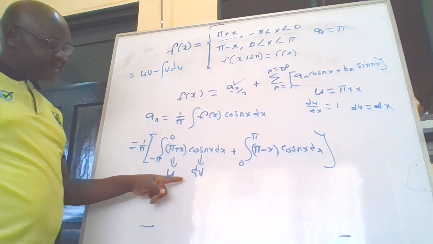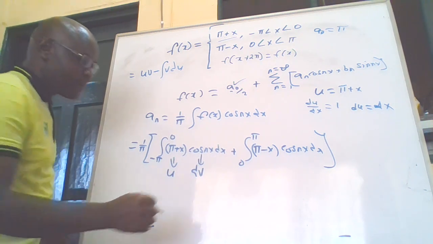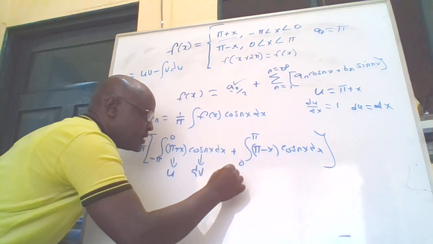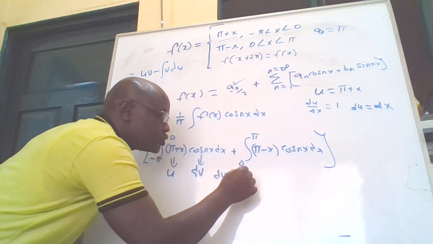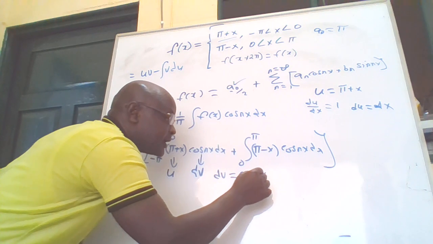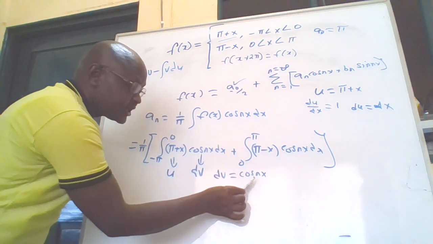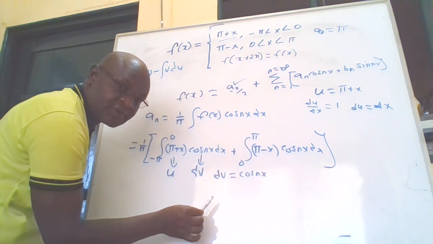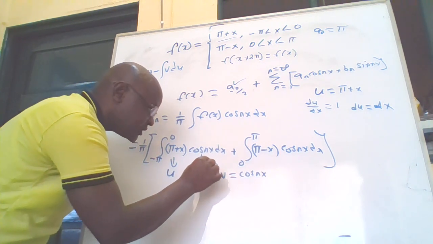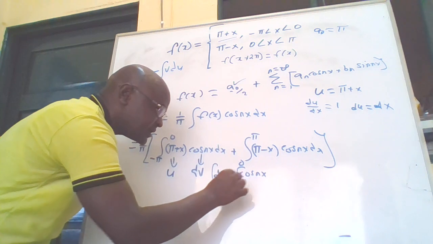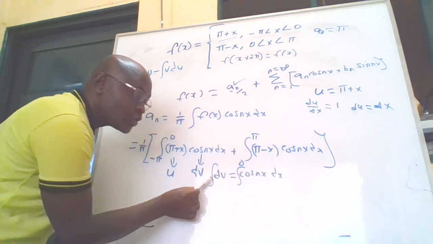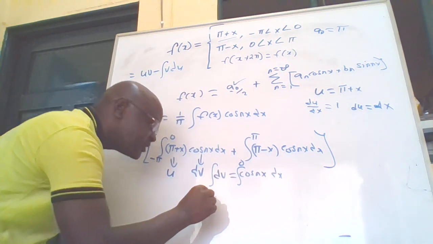And then here we are saying that dv equals cos nx. Now, for us to get the value of v, we integrate both sides of this equation. So we integrate here and then we integrate there. When you integrate dv, you get v.